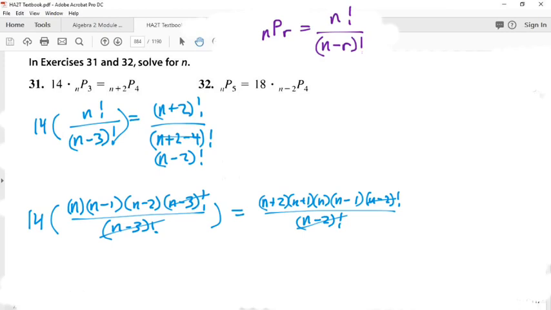So now what do we have? We have 14 times N times N minus 1 times N minus 2 equals N plus 2, N plus 1, N, and then N minus 1.